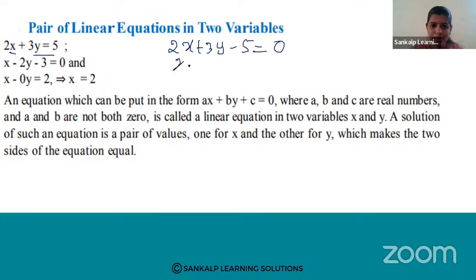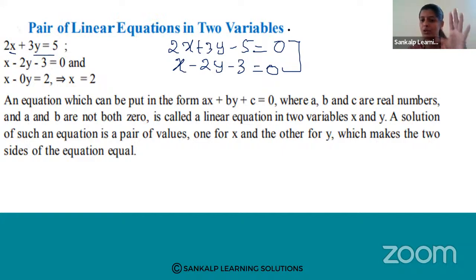Next, x minus 2y minus 3 equal to 0. Now I am writing two equations with two variables, and these two equations are of the type of linear equations because the variable power is 1 here. Therefore, these two are linear equations. And how many variables does it have? It has two variables. Therefore, we call it a pair of linear equations.